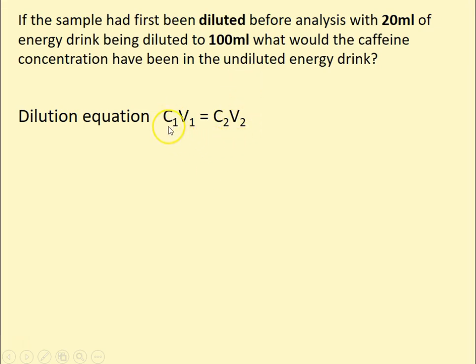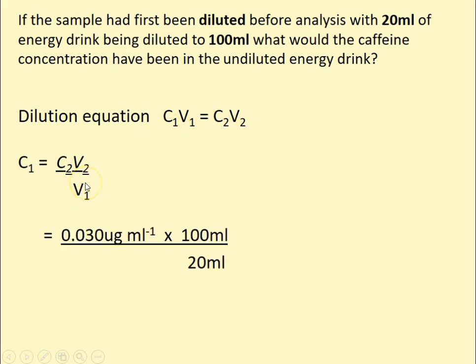Alright, so we want to know C1, the concentration in your 20 mils before you diluted it. So if you take V1 over the other side, then you've got a relationship between the dilute 100 mils and the concentrated 20 mils.